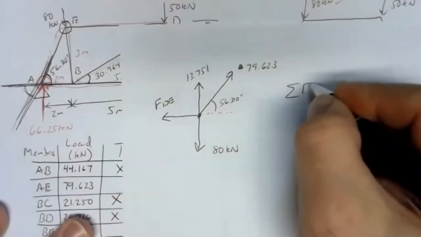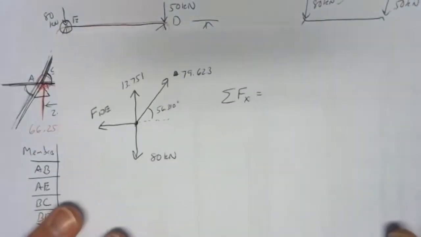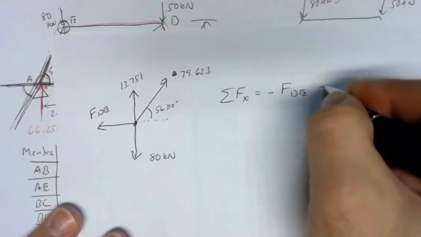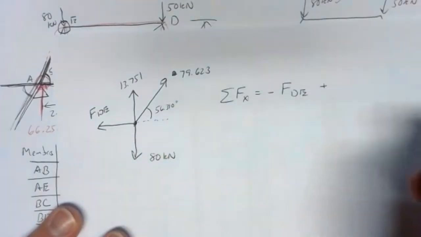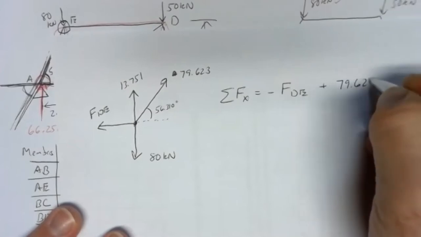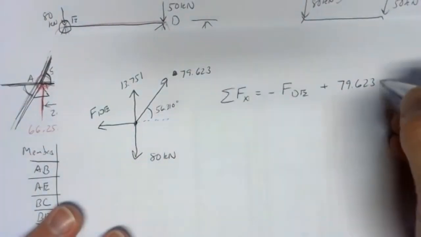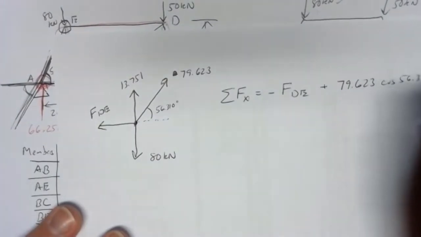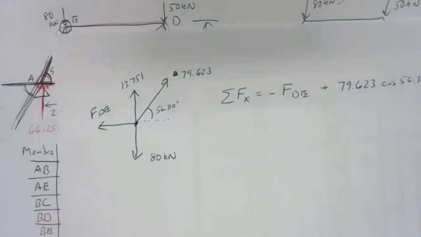So let's take our sum of forces in the x direction. We've got all of FDE to the left, and then we've got the adjacent piece of 79.623. Adjacent goes with cosine. So we have 79.623 cosine of 56.310 degrees equals 0. So let's find out the value. 79.623 times the cosine of 56.310.